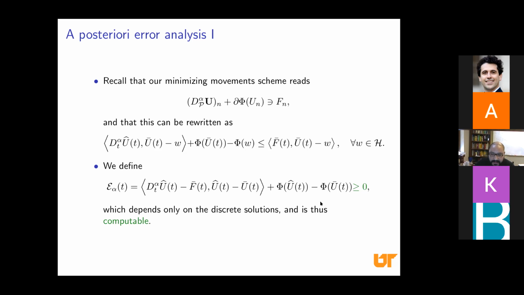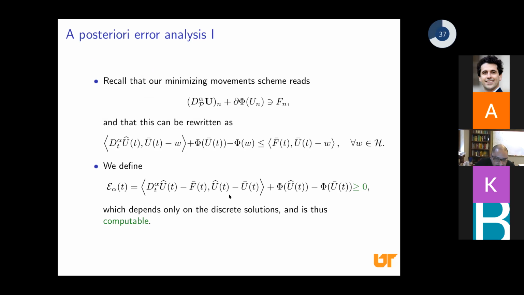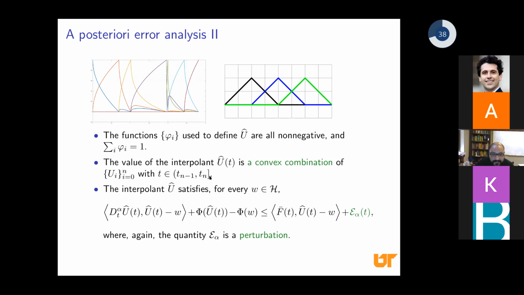And on top of that, it has a sign. Right? So now this is going to play the role of our perturbation. And indeed, if you were to try to follow the steps of the classical case, you would end up needing, once again, that this U hat is a convex combination of the nodal values.